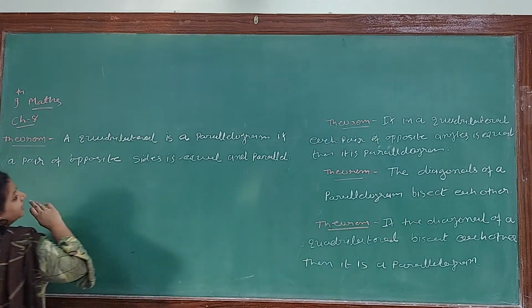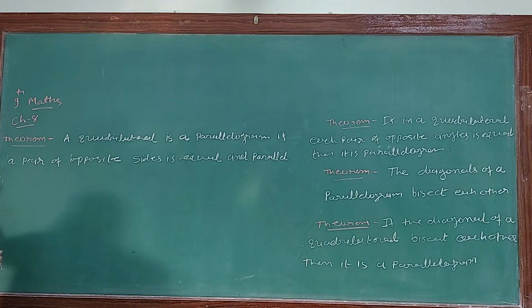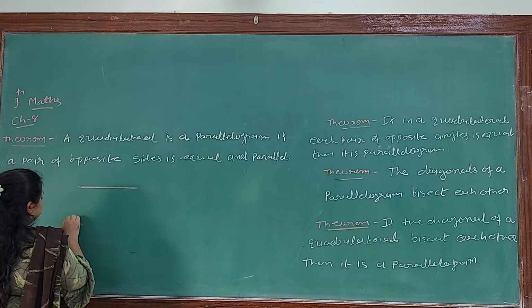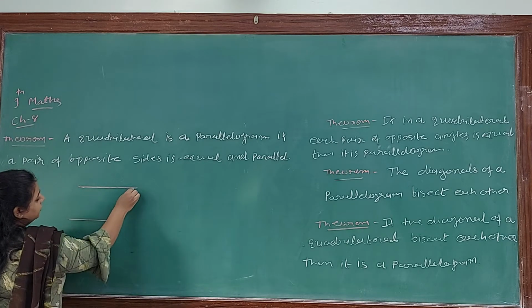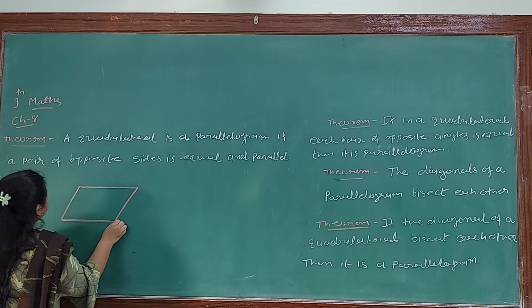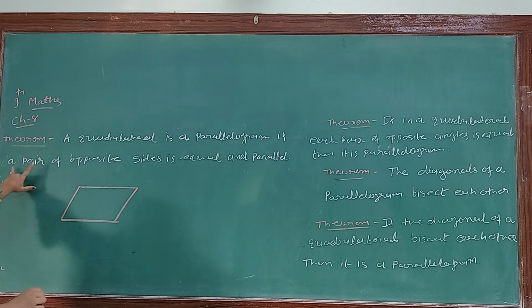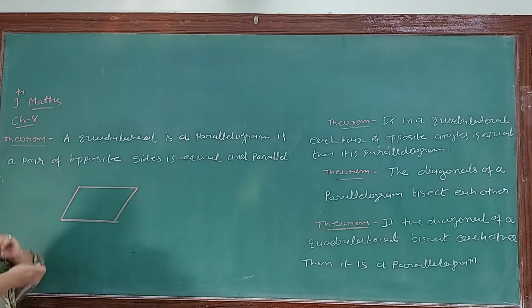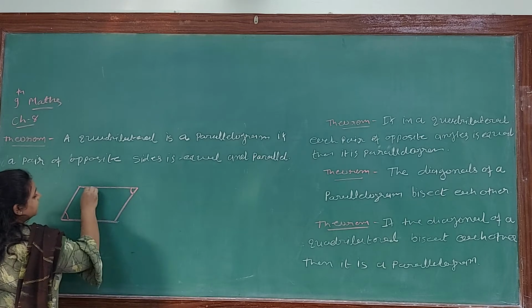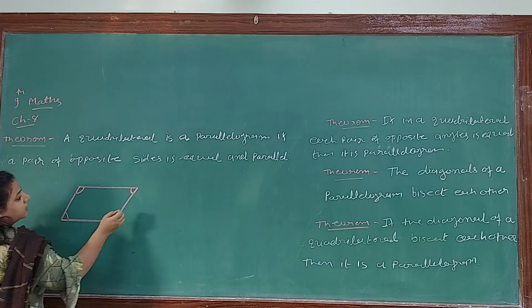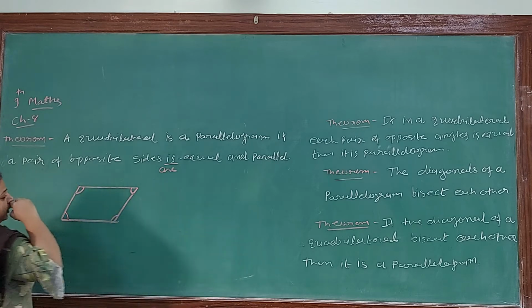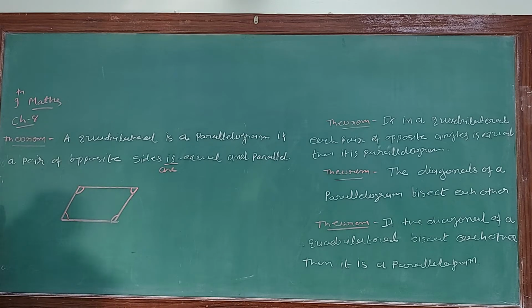A quadrilateral is a parallelogram if a pair of opposite sides are equal and parallel.